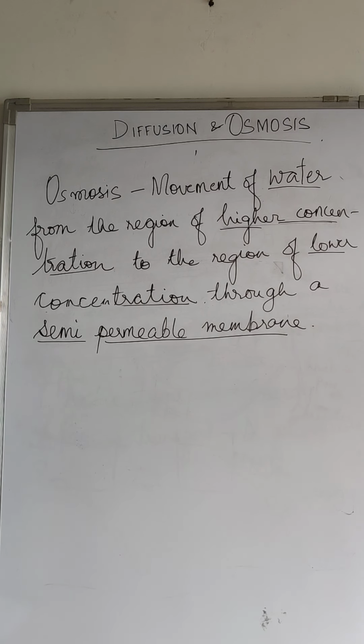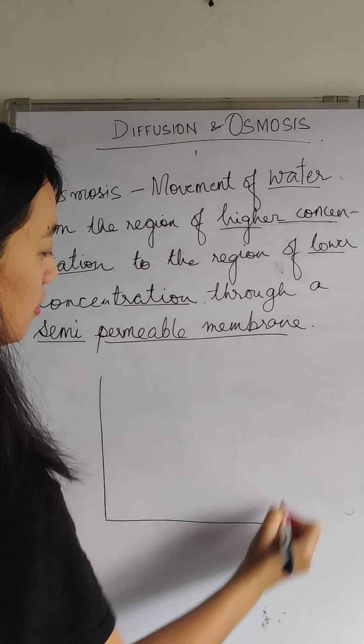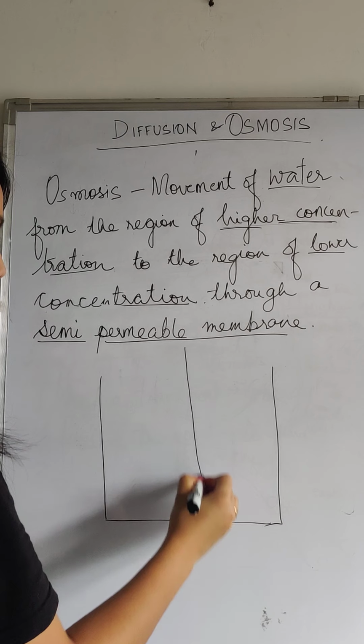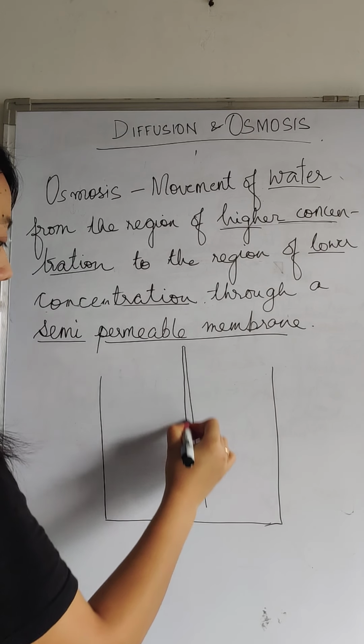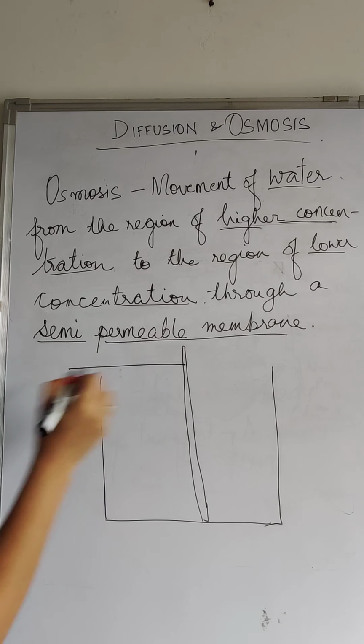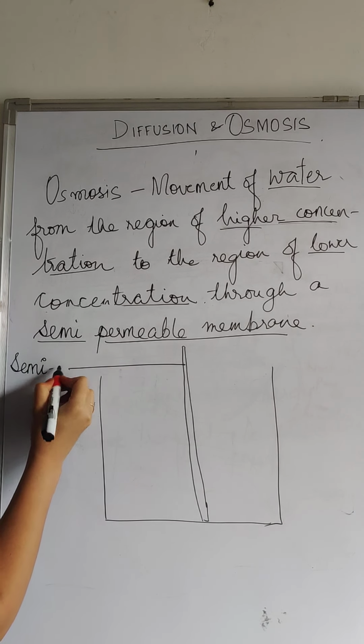Okay, let me explain it to you. Let's take a jar. This is a jar, and there is a semi-permeable membrane here. Excuse my drawing, okay, I'm not used to writing on a whiteboard.